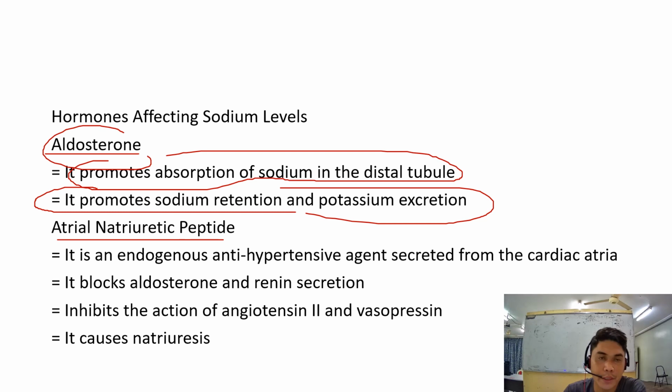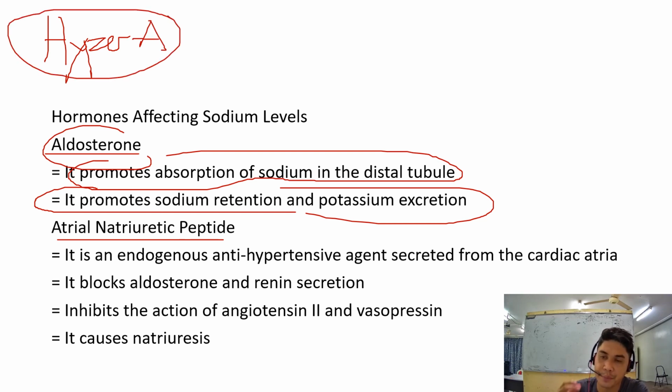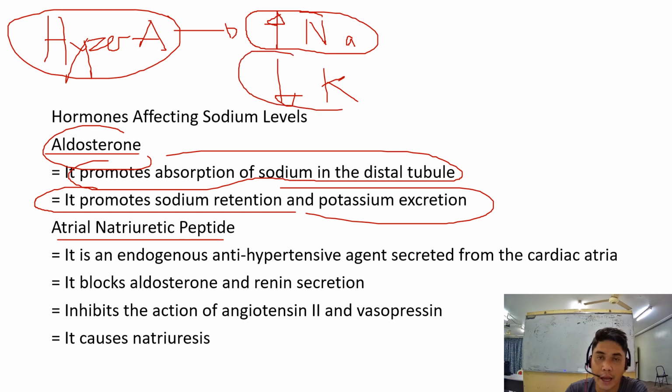For example, if the patient has hyperaldosteronism, meaning excessive production of aldosterone, sodium level is increased because aldosterone promotes the retention of sodium, but the potassium level is low. So the patient will experience hypernatremia and hypokalemia.